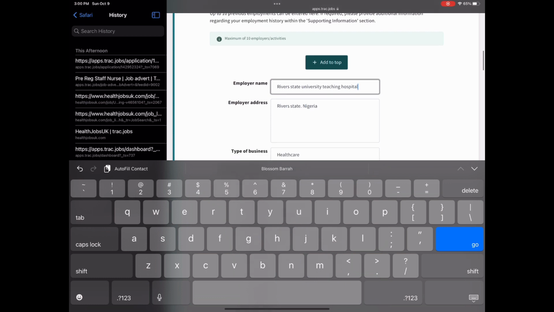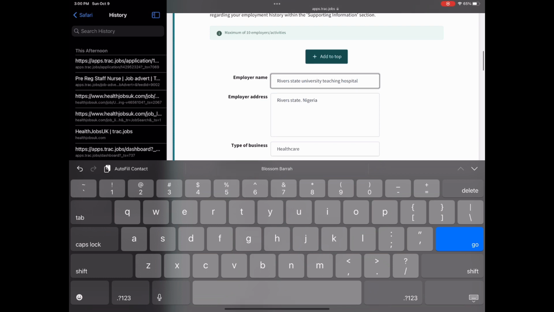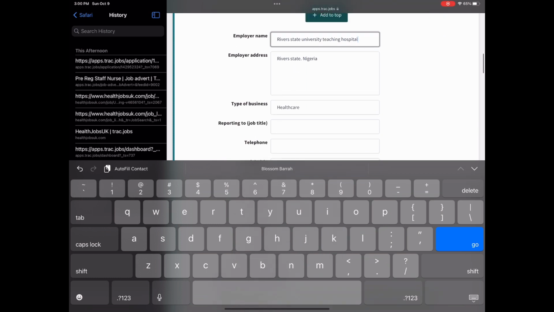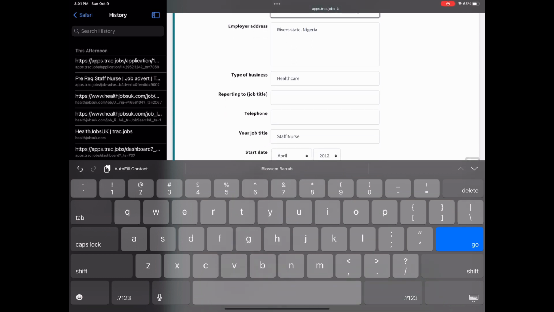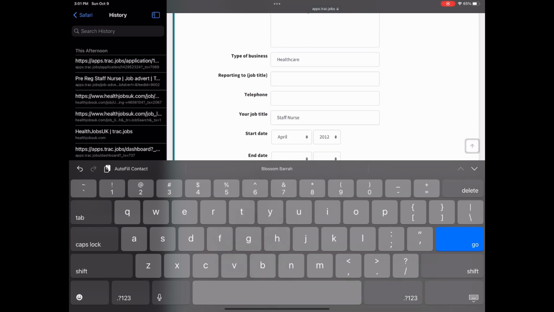They are not going to be mailing anything to you, so you don't really have to put number this, street this. Well, if you put it, it's not a bad thing, but if you can just indicate the city, the state, and the country, that will be fine. And then the type of business, what business do they do? Healthcare delivery, health institution, or whatever you want to put.